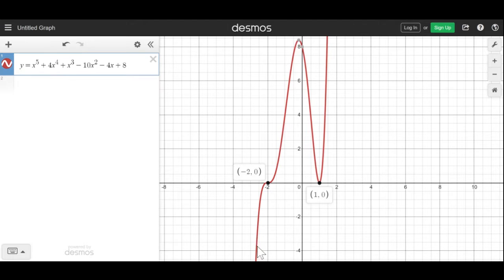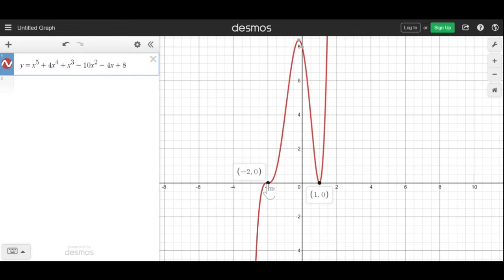You can also see the end behavior of the curve. It's going downward on one side and the other part is going upward. And if you apply the turning points formula, which is n minus 1, you can say how many turning points you're going to have. That's 5 minus 1, so that should be 4 turning points. We can actually try that.